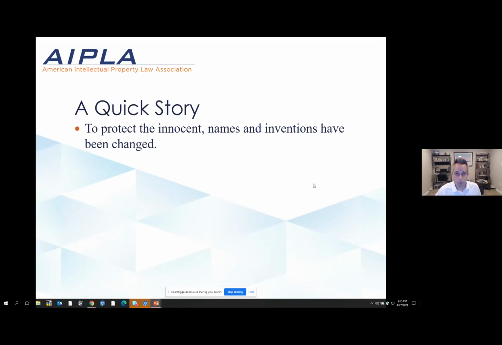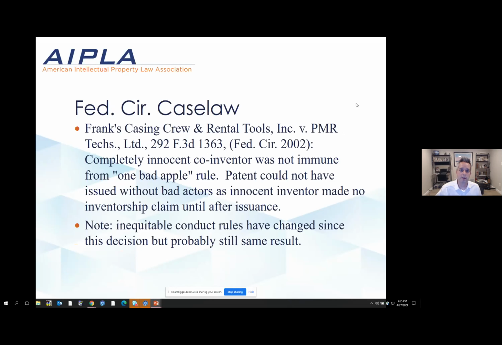But there was a problem, and we had to tell John about this Federal Circuit case from 2002 called Frank's Casing Crew and Rental Tools. Like John, the plaintiff in this case was a completely innocent co-inventor.